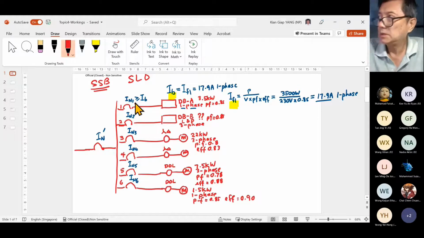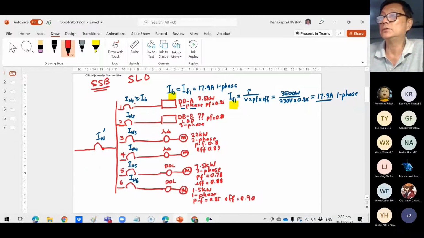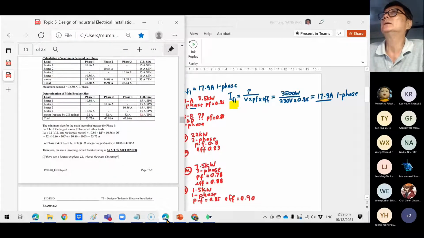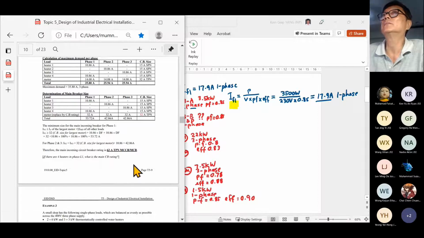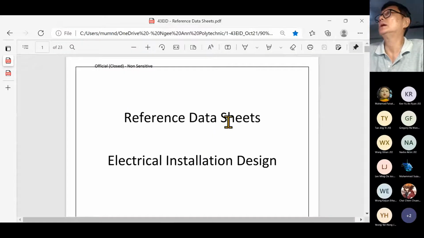If you're not sure, you go back to any data sheet. Any data sheet will tell you the range of circuit breakers available. I can pull out this data sheet reference.